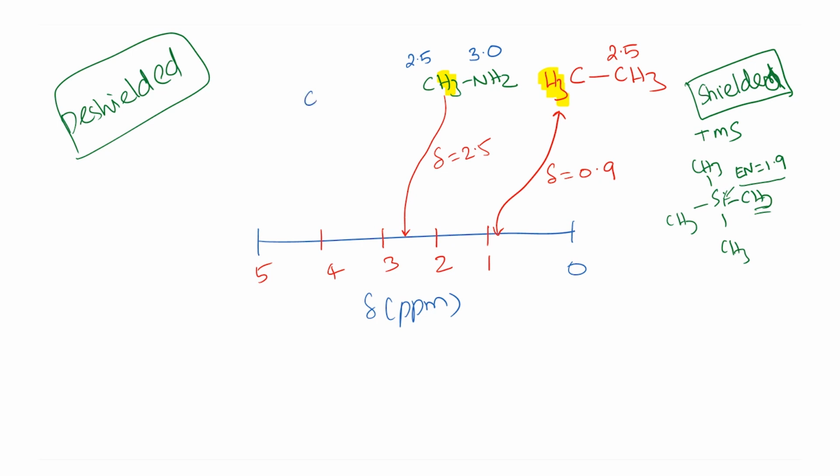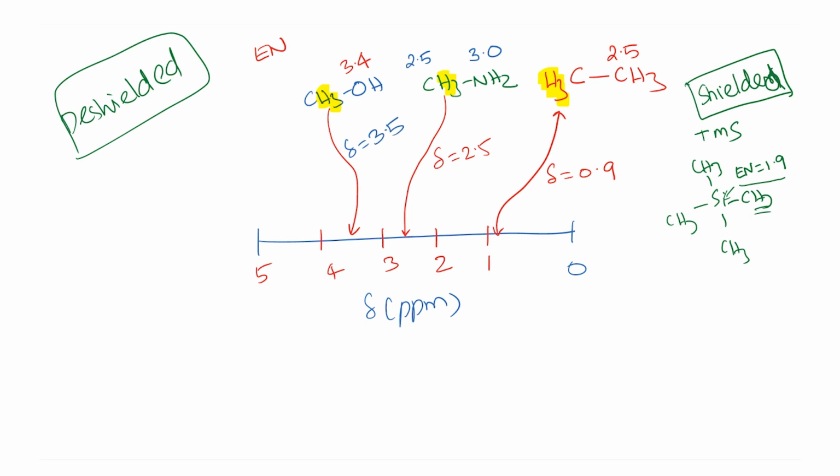Now, does this translate to methanol? Let us draw out the structure of methanol, CH3OH. Again, the hydrogens we are looking at are these, and here the electronegativity of oxygen is 3.4. So, it is more electronegative than nitrogen, and the chemical shift for this hydrogen is delta equals 3.5.